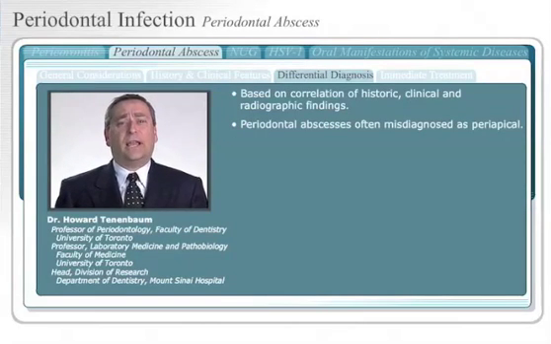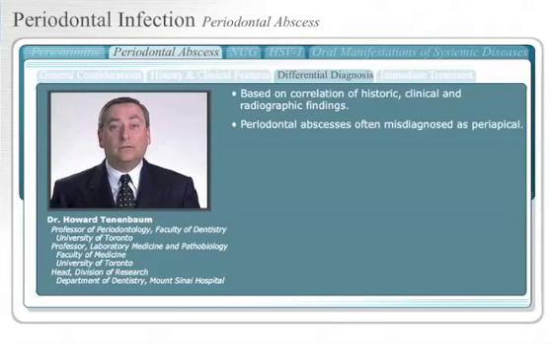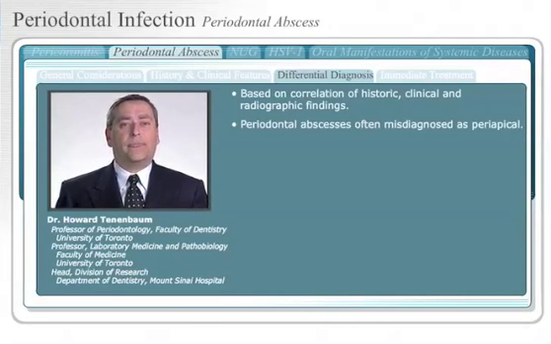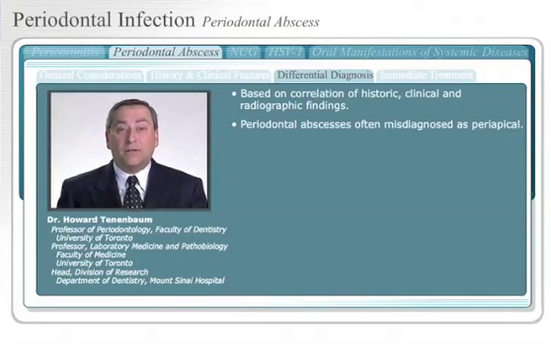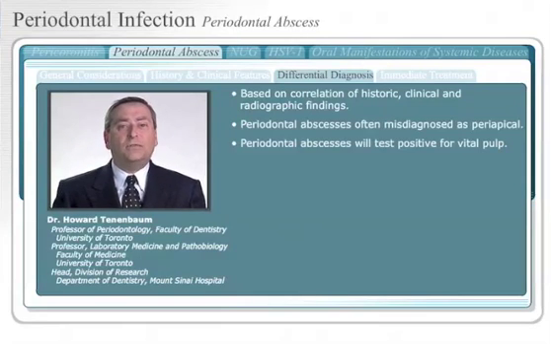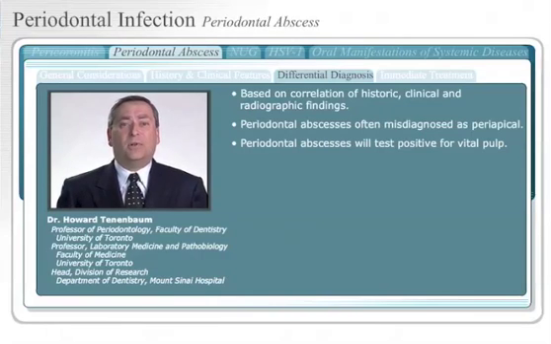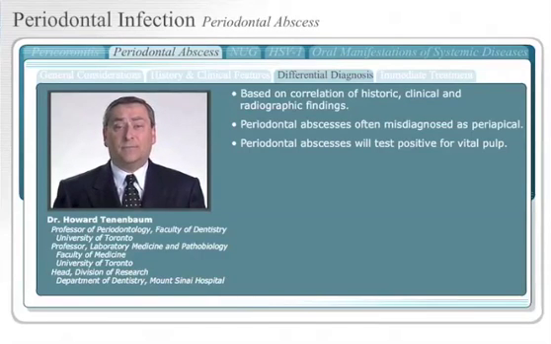Diagnosis of the periodontal abscess is based on the correlation of the historic, clinical, and radiographic findings. Many periodontal abscesses are misdiagnosed as periapical abscesses, primarily because of the similarity of the symptoms. Pulp testing will often yield results suggesting pulp vitality in these cases.